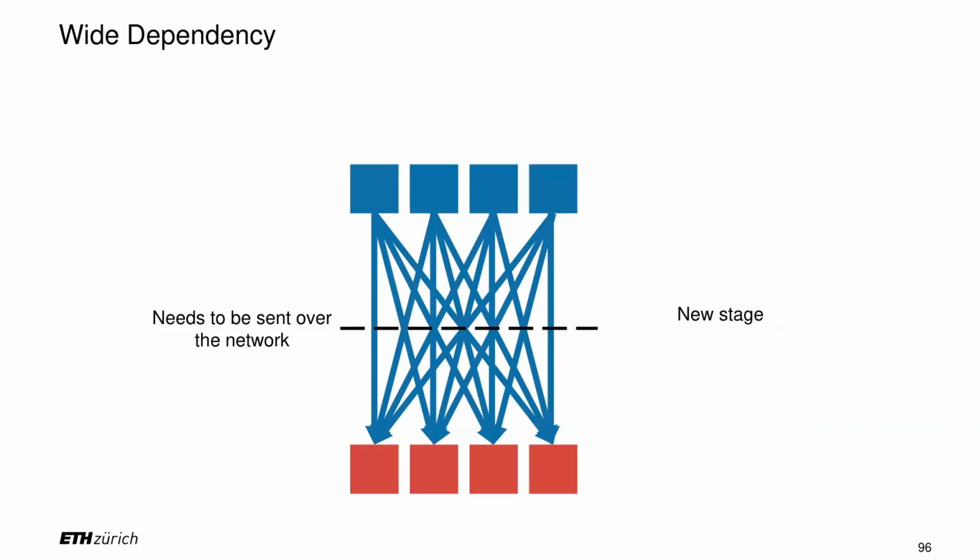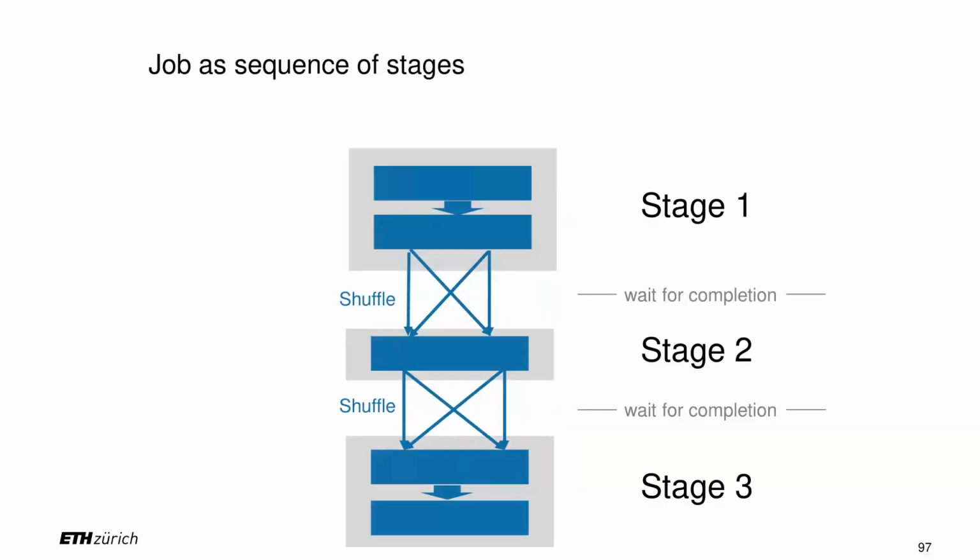So now, whenever you saw a transformation like distinct or intersection or join, all of these need to shuffle, right? All right, and when you shuffle, then you have no choice. You will have to send the data over the network, right? So in the most general case that you have plenty of transformations, so here I still have a linear order of transformations. It's not a generic DAG. But let's say I have one transformation, then a shuffle.